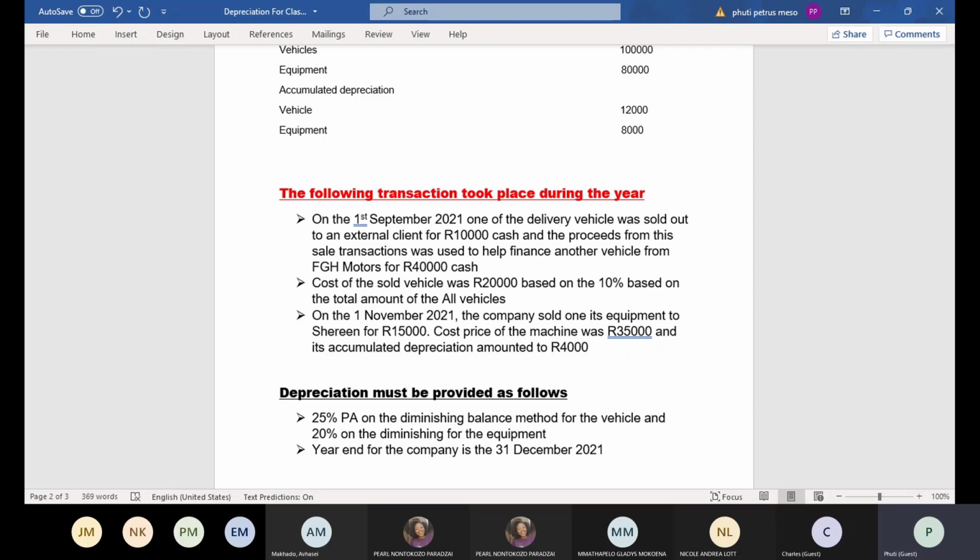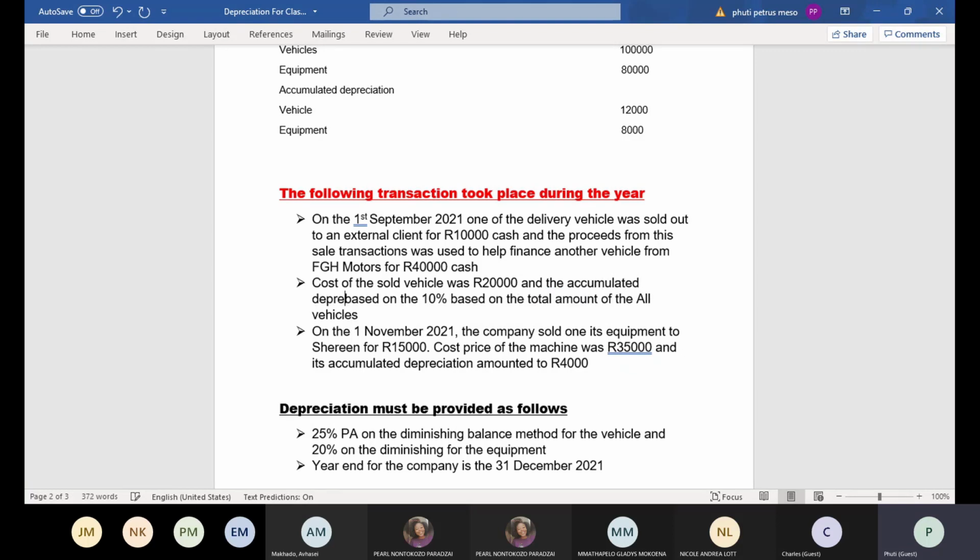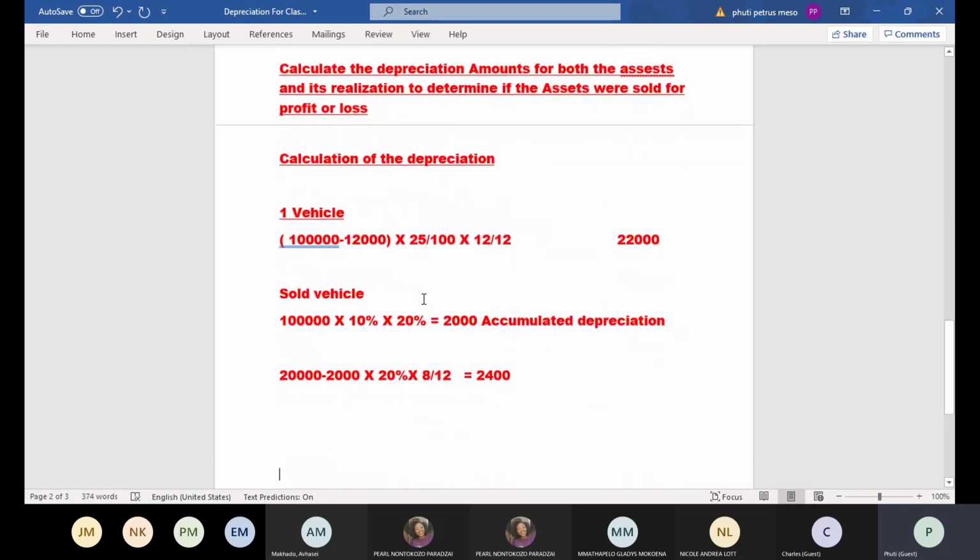Okay. And something like this, and the accumulated depreciation based on the 10% there. All right, that's still fine. So that means we have to correct this kind of an error down here.